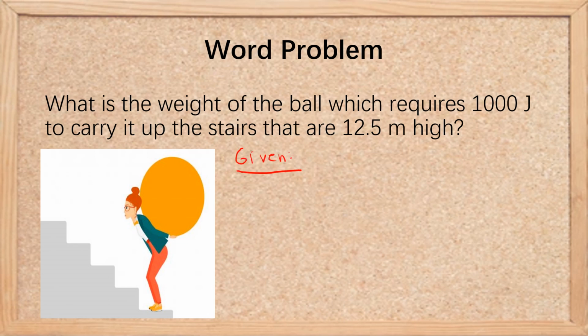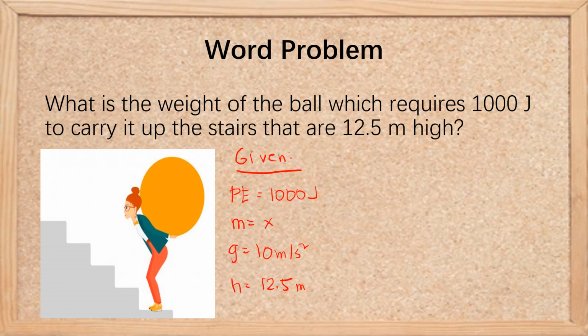Our given here will be potential energy, which is 1000 joules, and then mass, which we don't know yet. Gravity here will be 10 meters per second squared, and then the height, which is 12.5 meters.